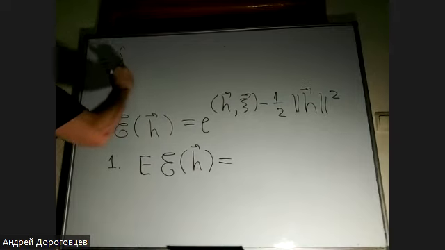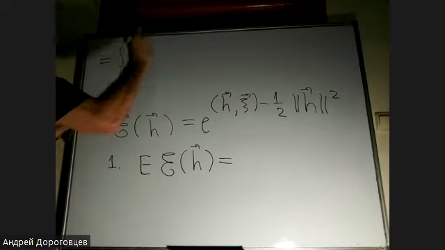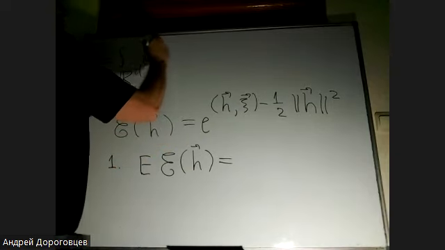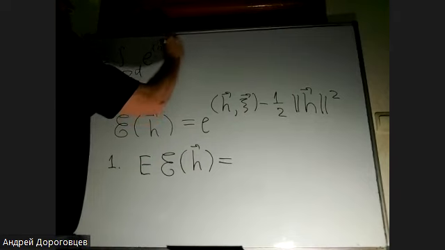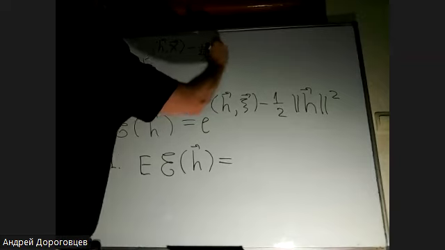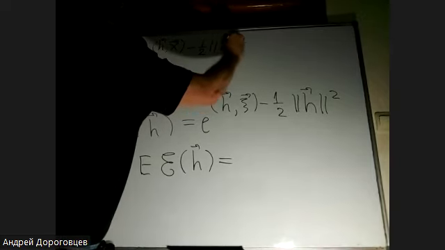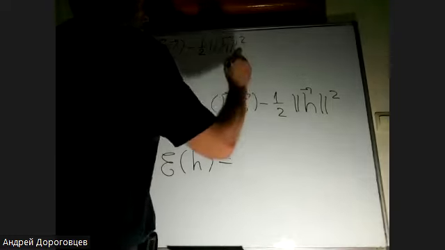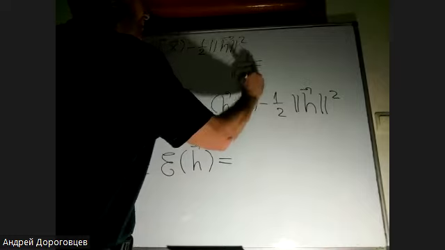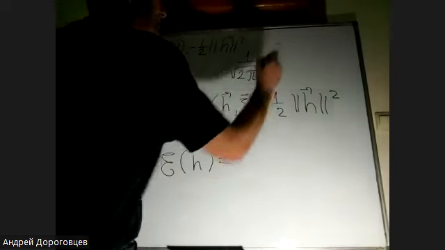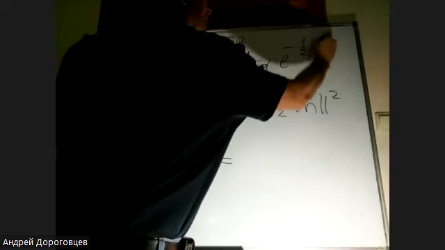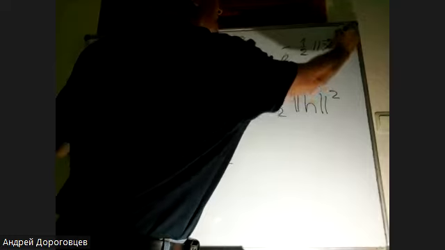It is the integral over R^d of what we integrate: exponent of h x minus 1/2 of the norm of h squared, multiplied by the density, which is 1 over square root of 2 pi to the power d, times the exponent of minus 1/2 norm of x squared dx.